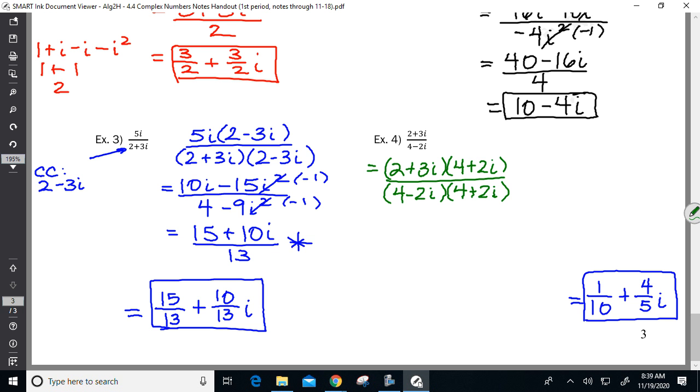So again, the whole point of the complex conjugate is to get the imaginary number out of the denominator. Looking at the top, you have 8 plus 16i plus 6i squared, and then 16 minus 4i squared at the bottom.